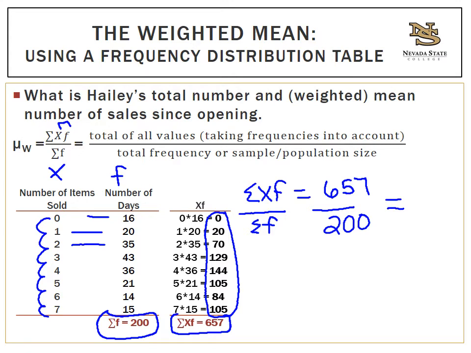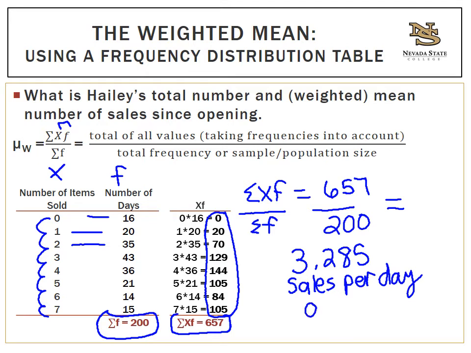And 657 total sales divided by the total days she's been open gives you 3.285 sales per day on average.